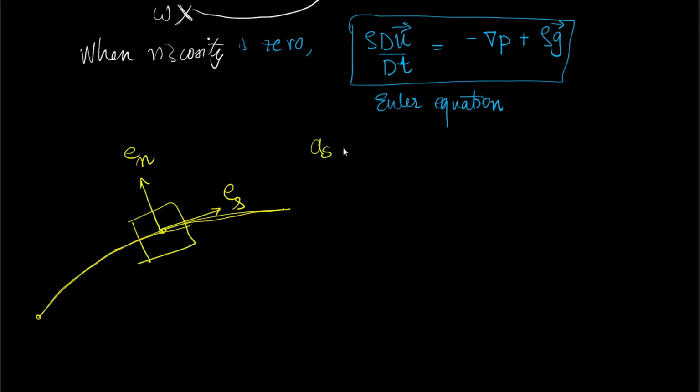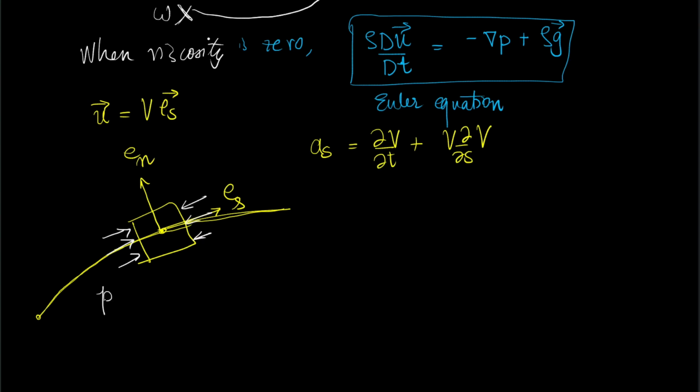So the acceleration in the S direction will be del V del T, where V is the magnitude of velocity in the e_S direction. So the velocity vector for this kind of flow is simply V e_S. So it will be del V del t plus V del V del S. But what are the forces acting on the fluid element? It is the pressure at this point minus the pressure at this point.